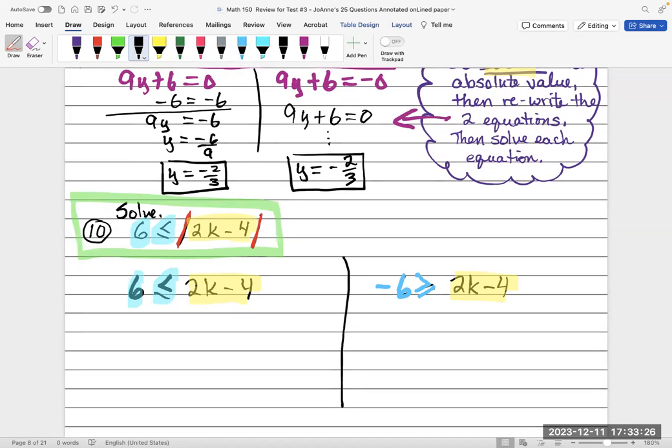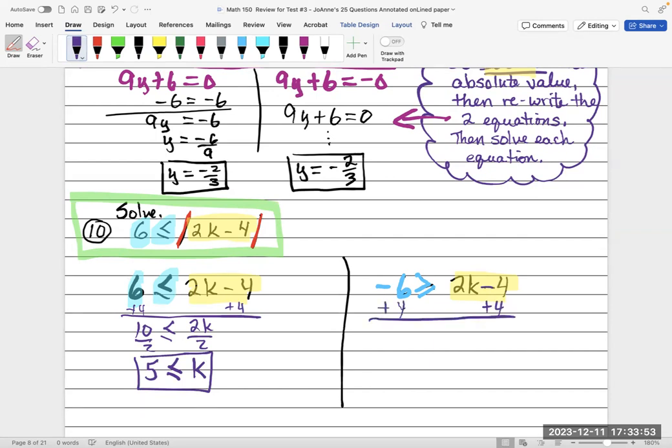I'm going to add 4 to both sides. I'm adding or subtracting the inequality. So I have 10 is greater than or equal to 2k. The opposite of multiplying is dividing. I'm dividing by a positive 2, so I just copy down the inequality. So I have this situation. And then here, to get rid of that minus 4, I would add 4.